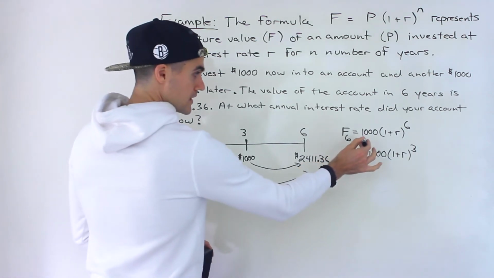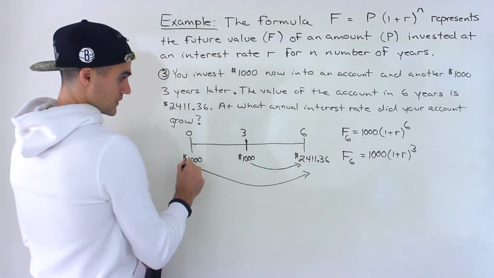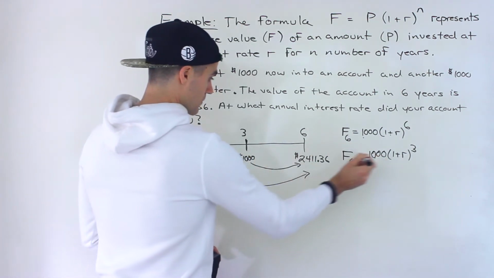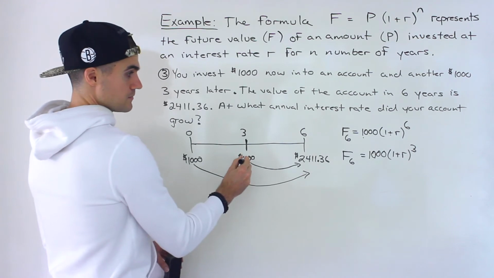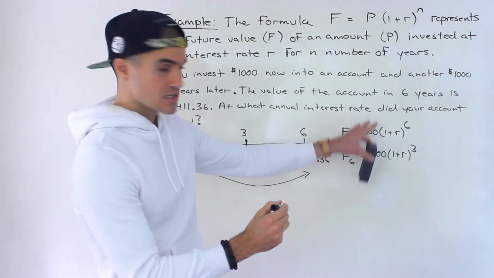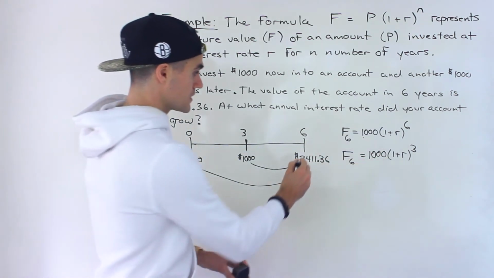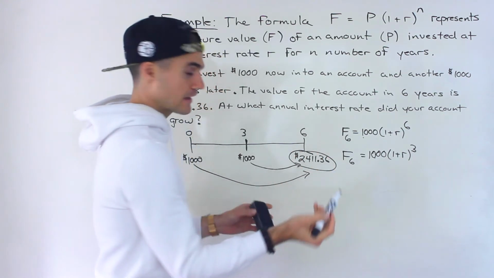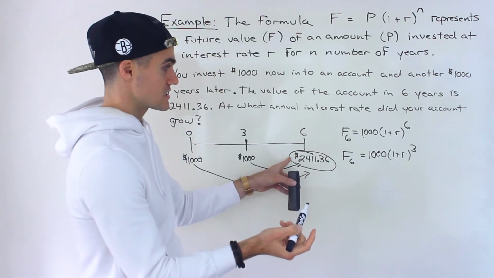So this represents the future value of this 1,000, and this represents the future value of the other 1,000, and both summed together have to give us the value of the account in the 6th year, which is this amount.